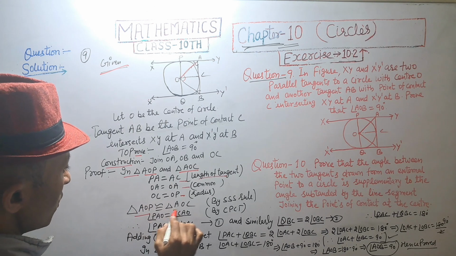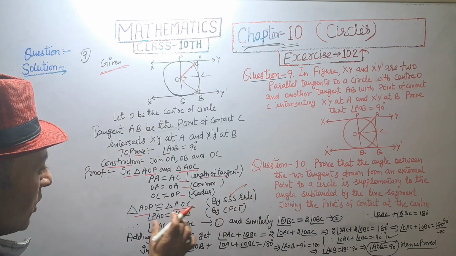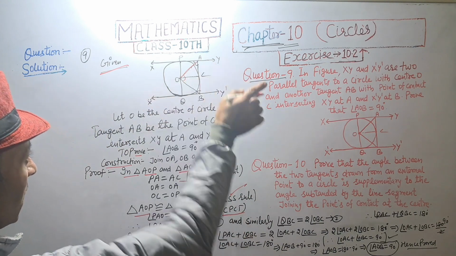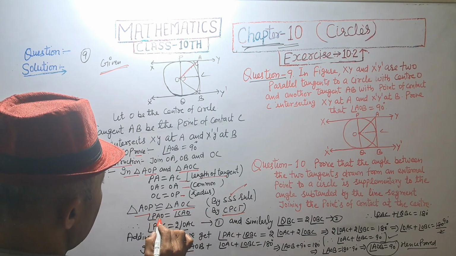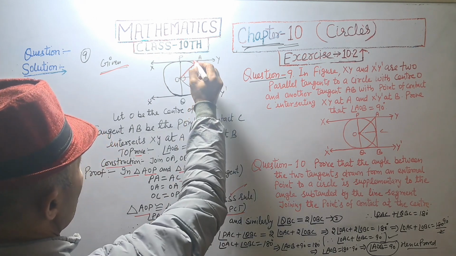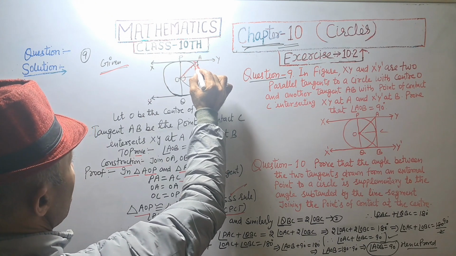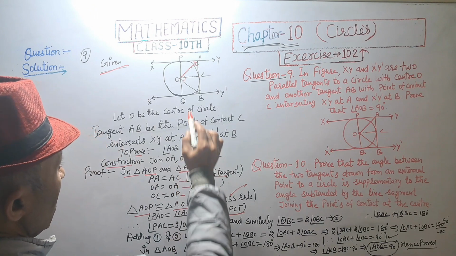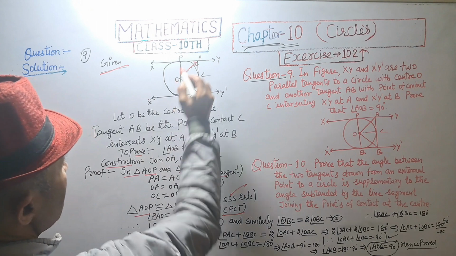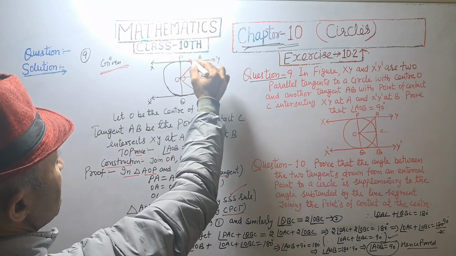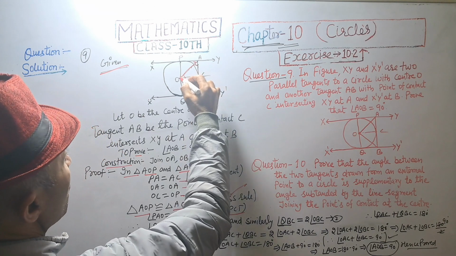Triangle AOP is congruent to triangle AOC by SSS rule, and by CPCT angle PAO is equal to angle CAO, and angle PAC is equal to double of angle OAC.